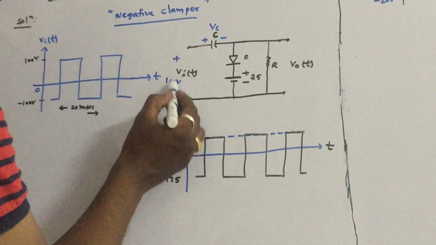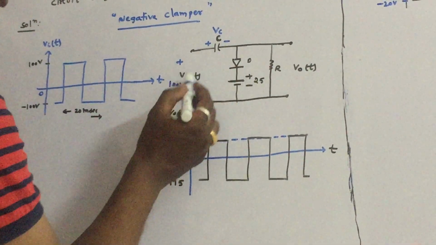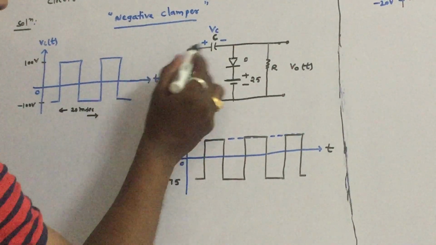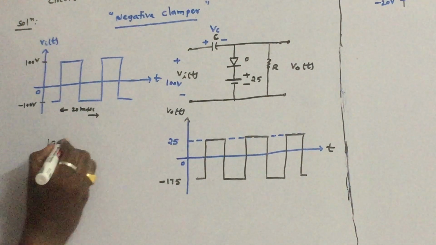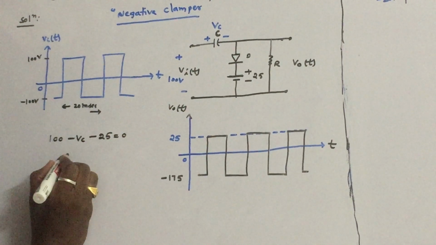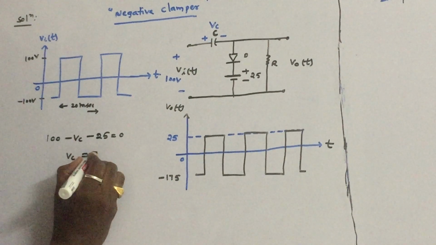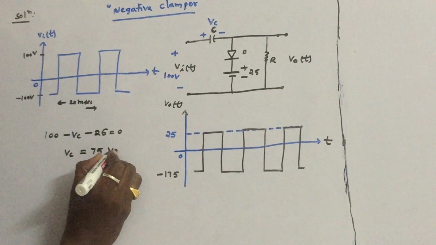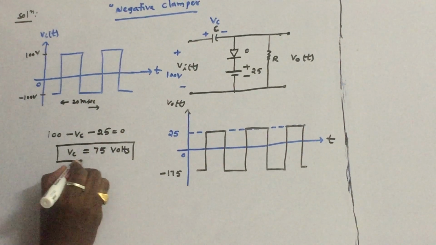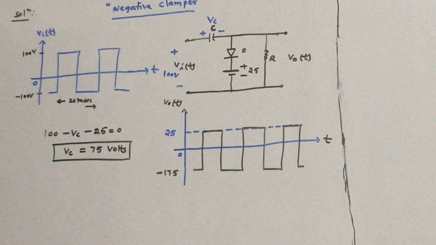When this input is 100 volts, the diode is forward biased. So what is the voltage across the capacitor? Simple KVL. 100 minus Vc minus 25 is equal to 0 from network knowledge. So Vc is equal to 75 volts. So that means the capacitor will charge to 75 volts. So that is what you have to understand.